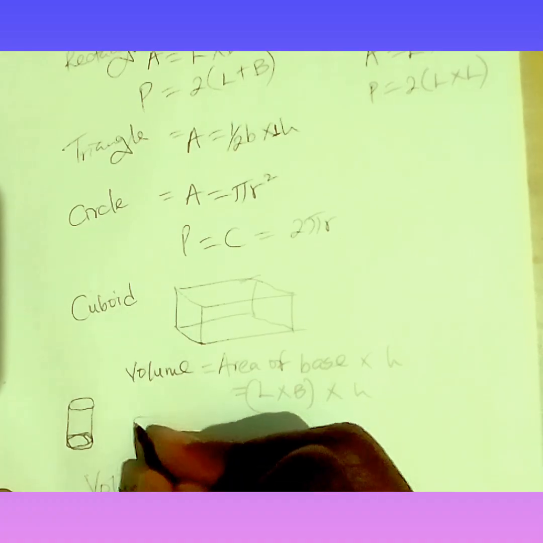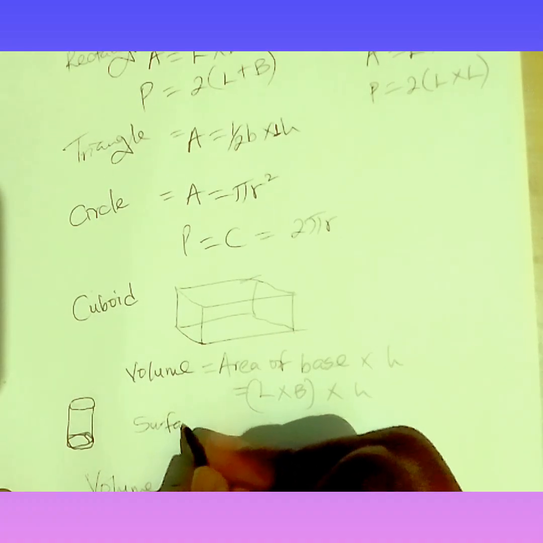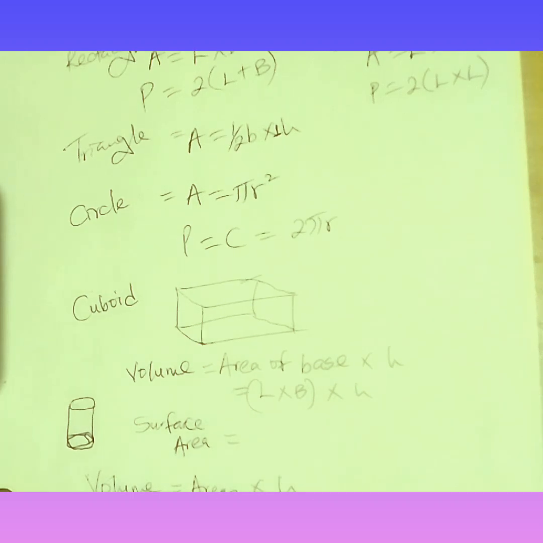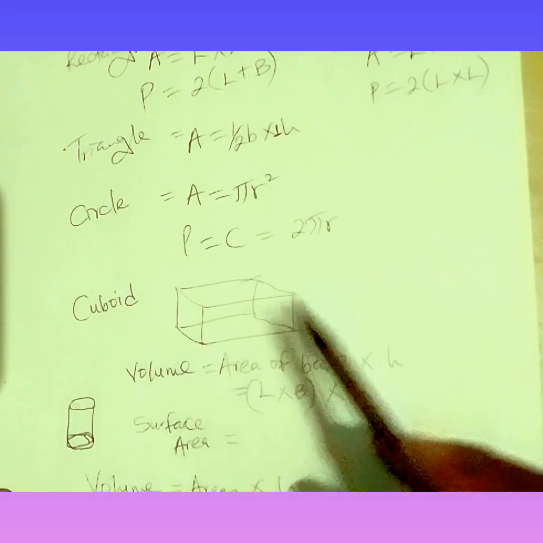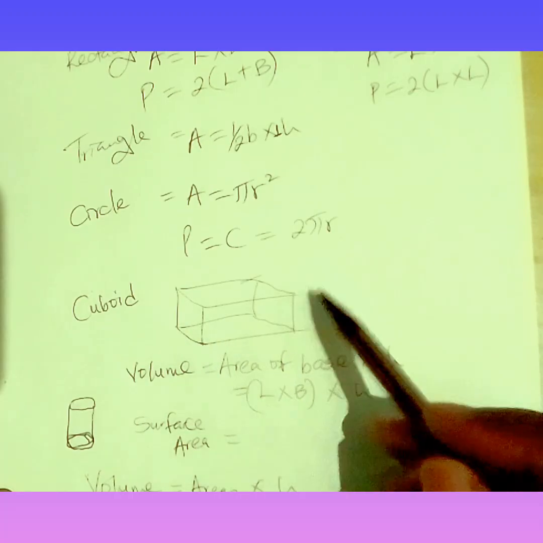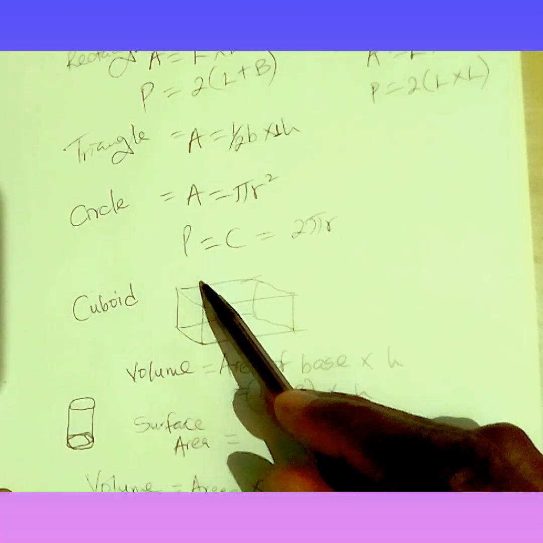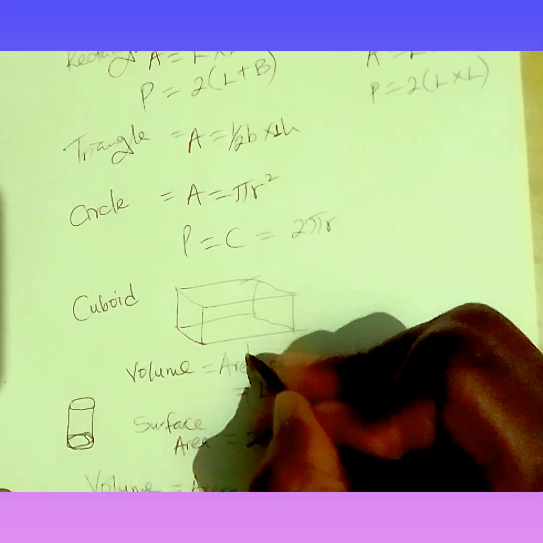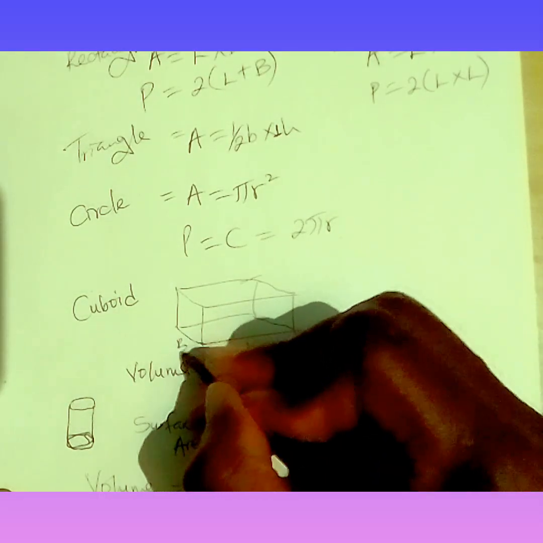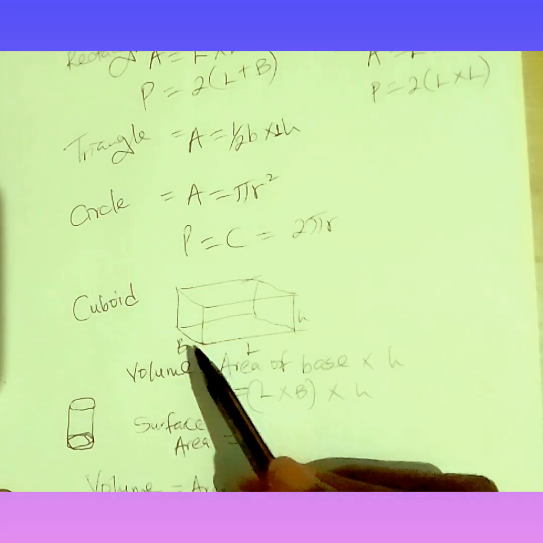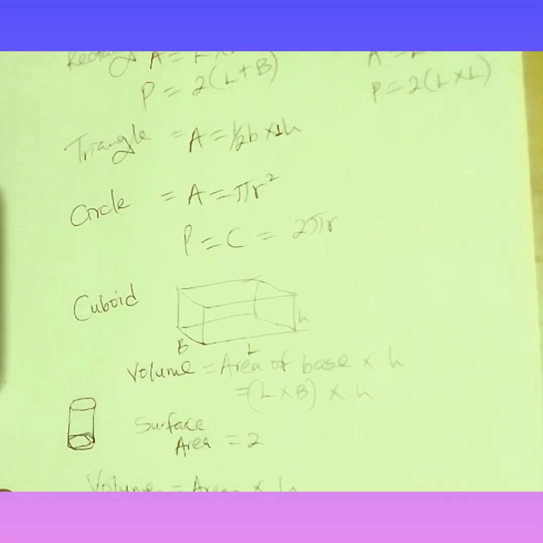Now, the surface area of a cuboid. Because we have 6 surfaces and congruent surfaces, the top is congruent to the bottom, the side is congruent to the side, the back is congruent to the front. If we label this the length, this the breadth, and this the height, that is why it has 3 dimensions. It's called 3-dimensional because it has 3 dimensions and it has depth.